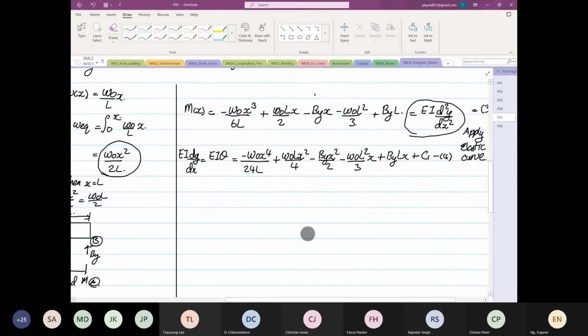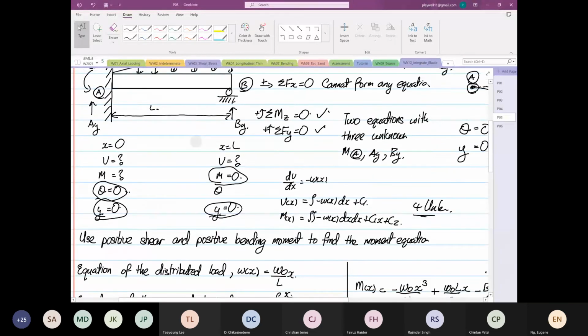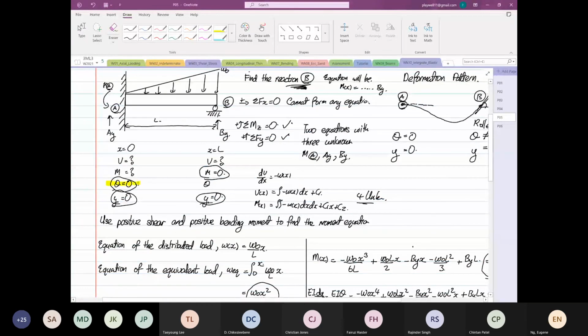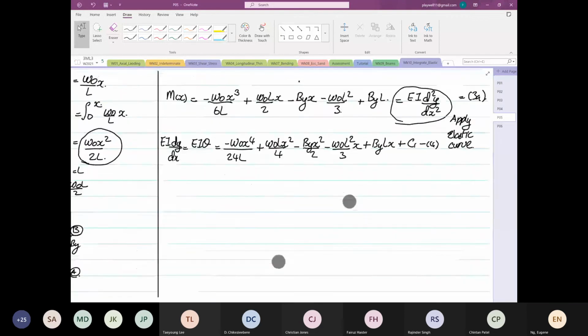So let me check. Yes. So can we apply any boundary condition? Yes, we can. Okay, we can apply this one. And thank God it is 0. Imagine if x is equal to L. Now you say, oh, not again. Very dry humor, sorry.